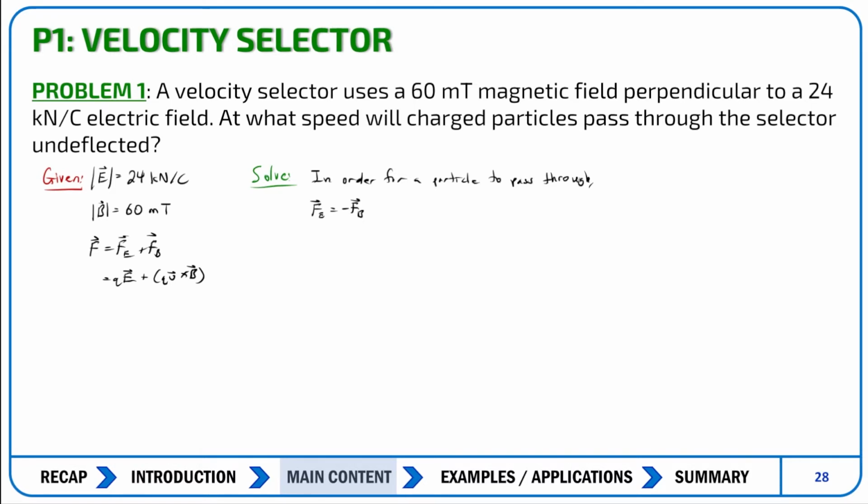So that means QE, and we're just looking at magnitude here, is equal to QVB sine of 90. That means E is equal to VB, and V is equal to E over B. So we have 24 kilonewtons per coulomb divided by 0.06 Tesla, which is equal to 400 kilometers per second.